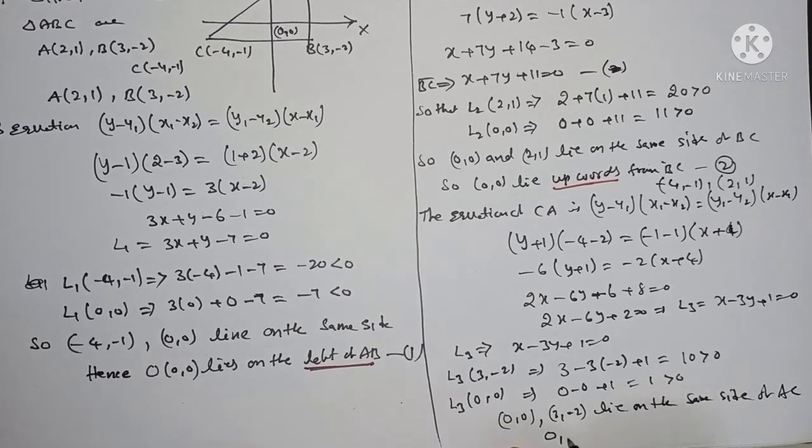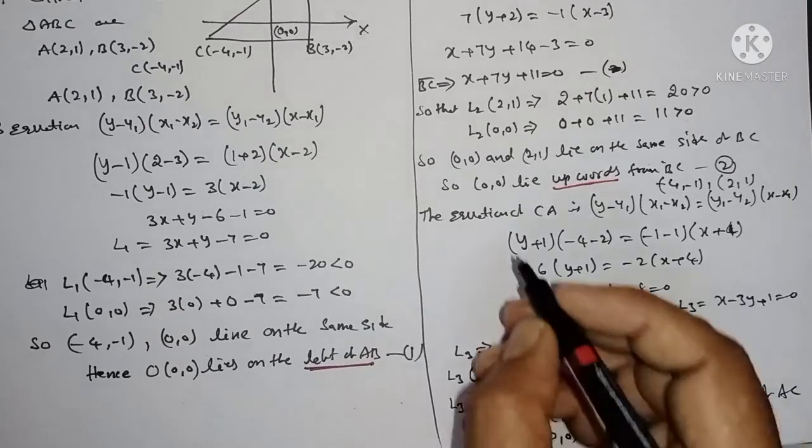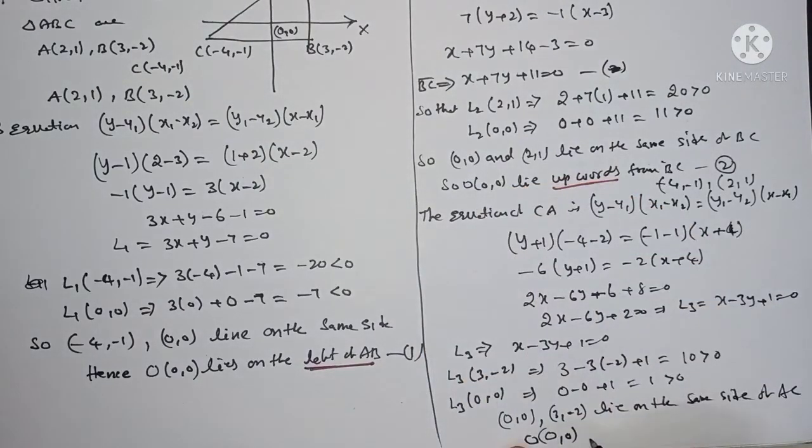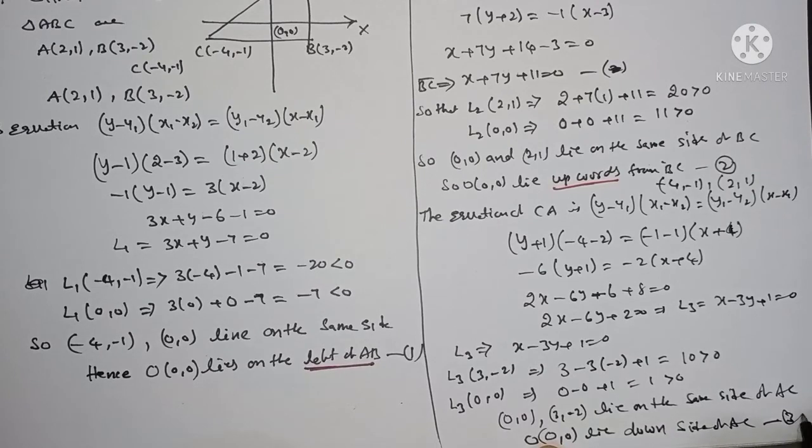Therefore 0 comma 0 is the origin, and it lies on the downside of the AC. This is the third equation.